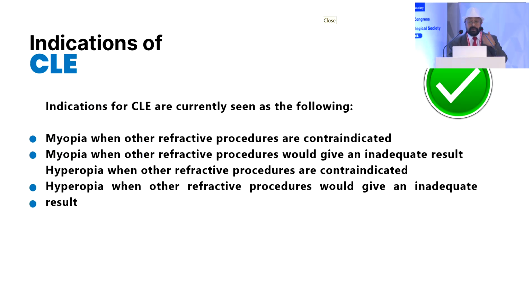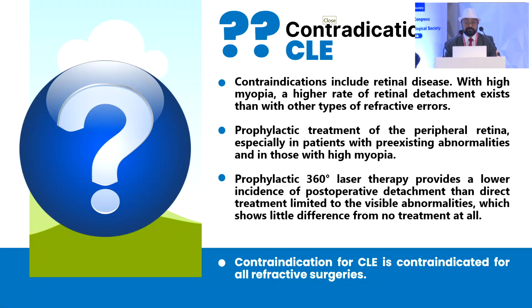And look at clear lens extraction. What are the indications? Myopia which is not contraindicated, and if LASIK cannot be done, and even hypermetropia when LASIK is contraindicated, and you feel that the result is going to be inadequate.